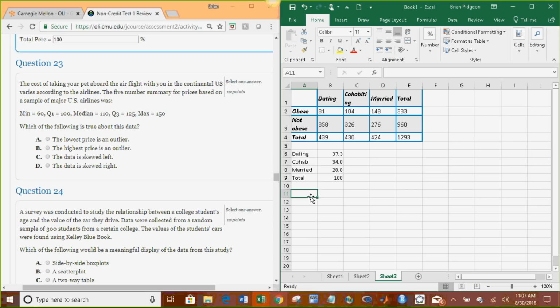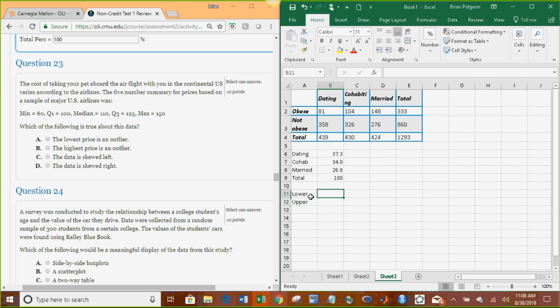So we can find a lower threshold for what would not be considered an outlier, and anything below this value is considered an outlier. And we can find an upper threshold to determine what's the maximum value that we allow in our data set that wouldn't be considered an outlier. And then anything above that would be considered an outlier.